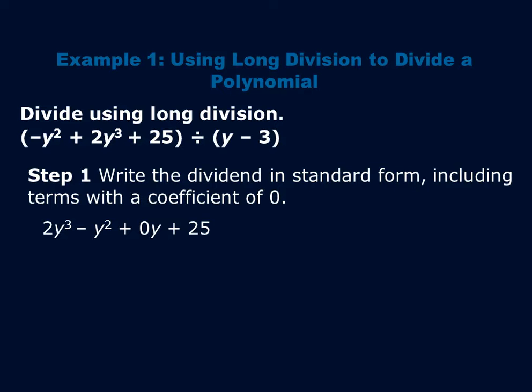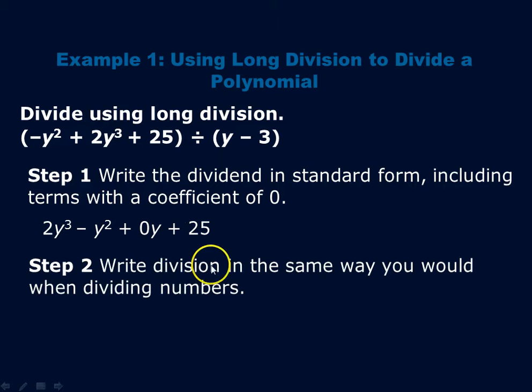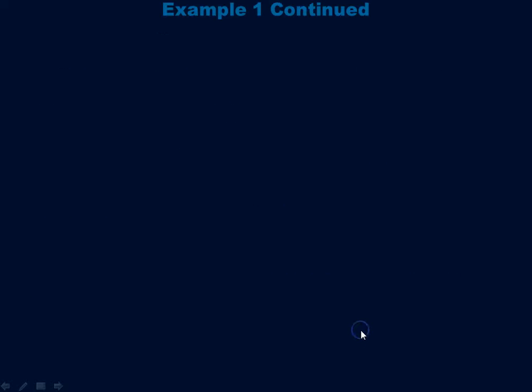So there was no y to the first power. We're going to make that 0y. And then we're going to write the division sign just like we would back in 3rd grade. y minus 3 is going to divide into 2y cubed minus y squared plus 0y plus 25. And we'll continue this on our next slide.